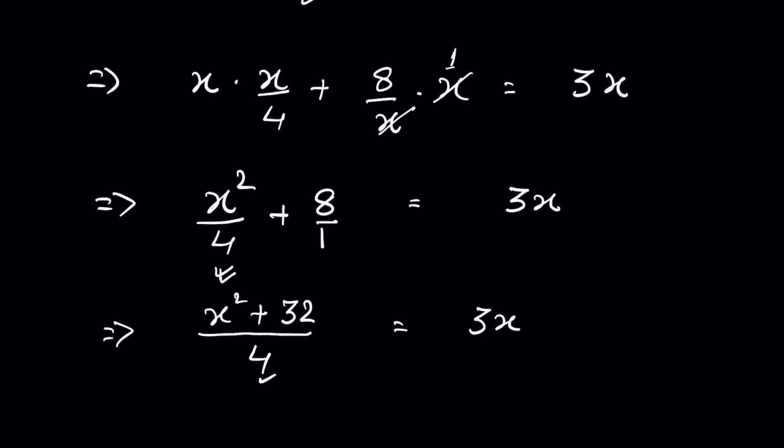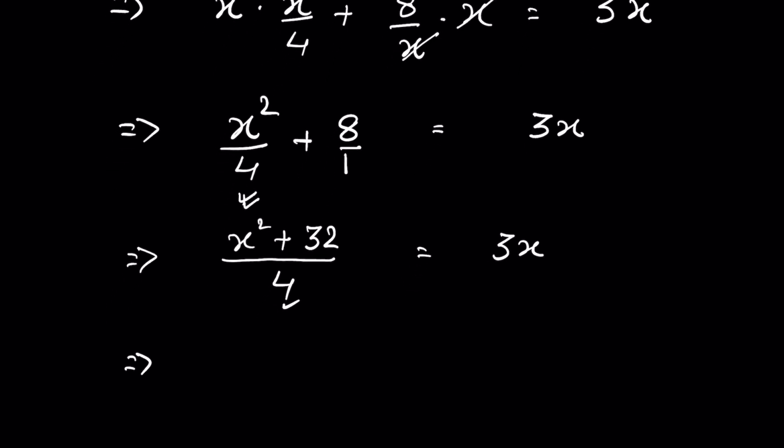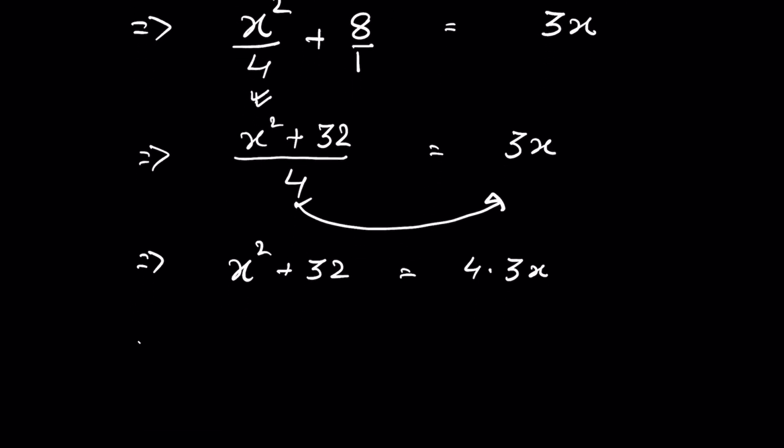We can do it like this, and then in the next step we can send 4 to the right hand side, then it becomes x square plus 32 is equal to 4 times 3x, that is x square plus 32 is equal to 12x. So this is one way.